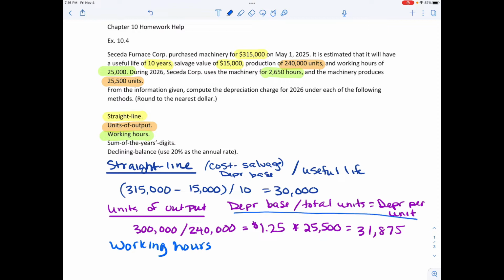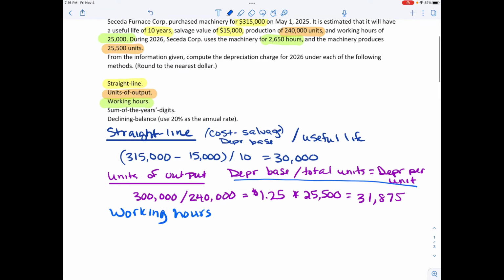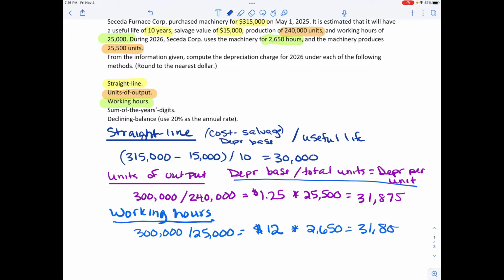So we're still using this basic formula. And you're going to take that 300,000, divide that by the 25,000, and that's going to give us a depreciation per unit of $12, and then I'm going to multiply that by the number of hours, and I should get 31,800.